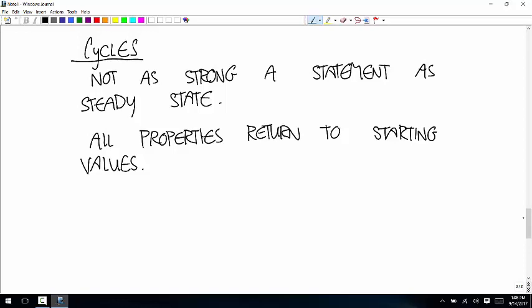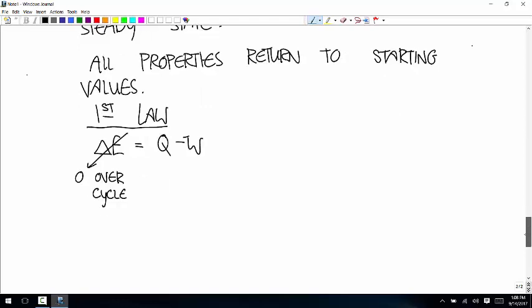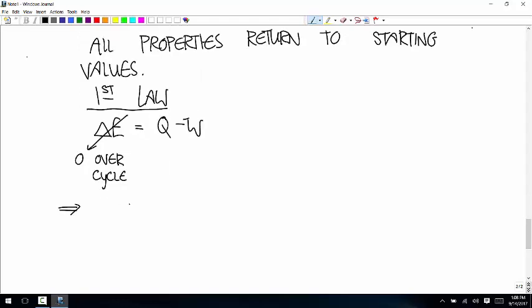And so in a cycle, if all the properties return to the starting values, the standard form of the first law, the change in energy is equal to Q minus W over the cycle, this is 0. And so 0 is equal to Q minus W over the whole cycle.